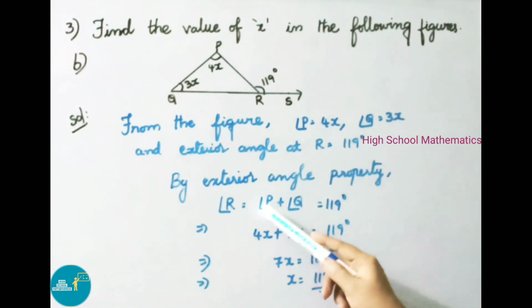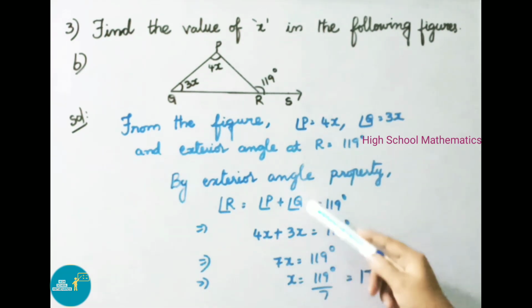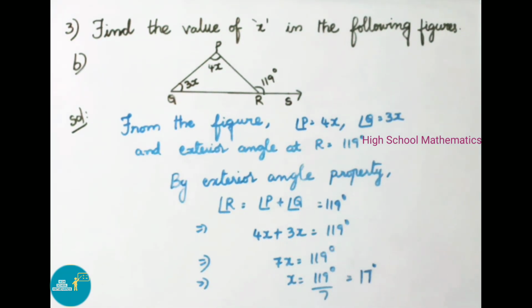That implies angle P, meaning 4x, plus angle Q, 3x, equals 119 degrees. 4x plus 3x, that is 7x, equals 119 degrees. That implies x equals, here 7 is multiplying, on transposing it is divided by, so x equals 119 degrees by 7, that equals 17, from the 7 table, 7 times 17 is 119. Therefore x value is 17 degrees.